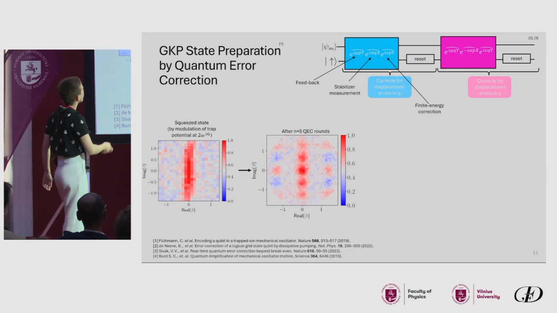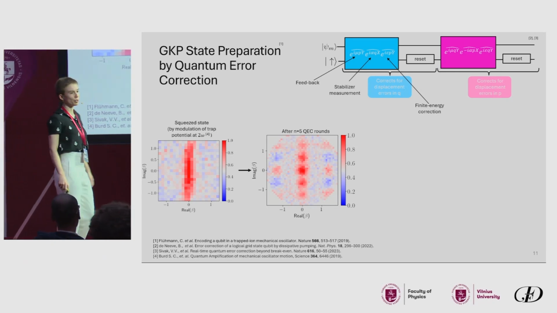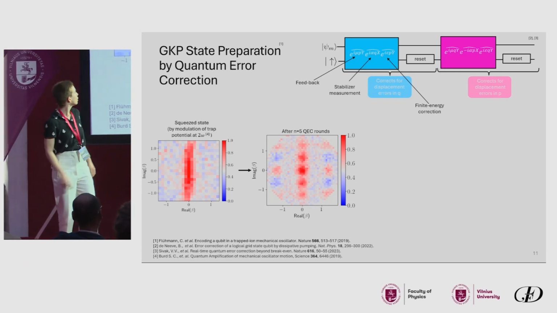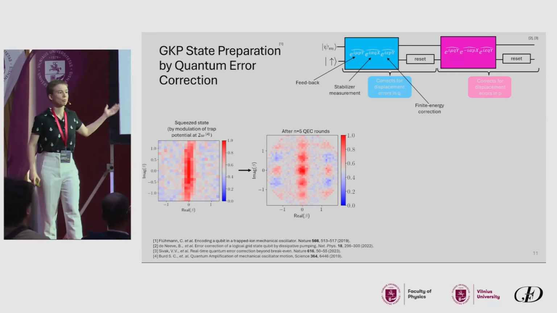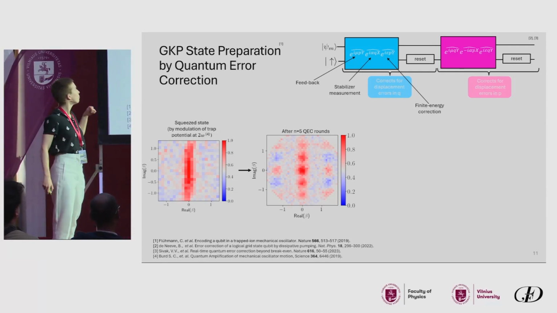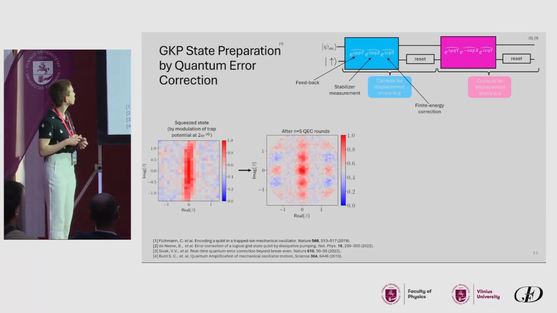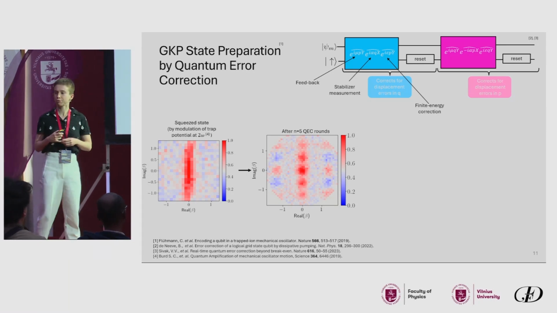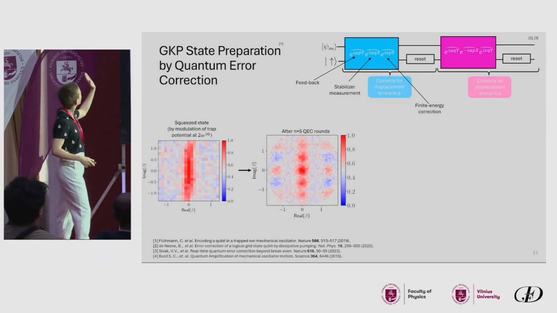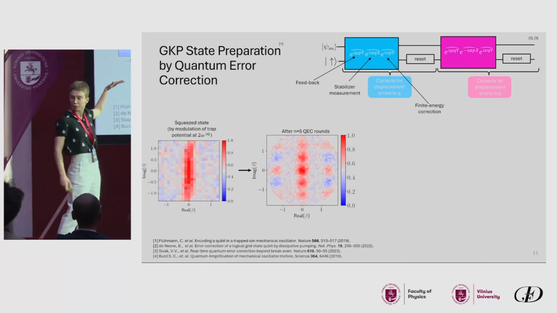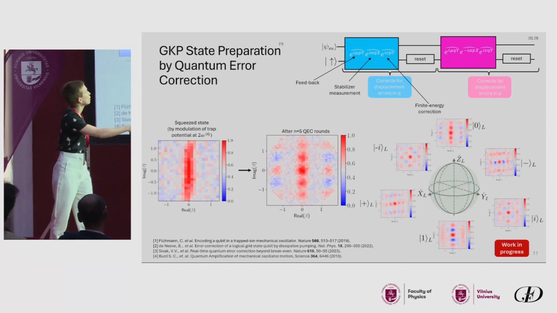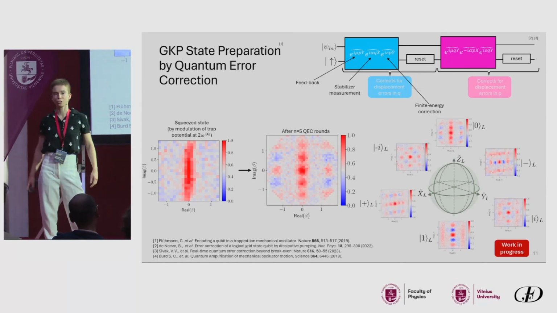Then we apply rounds of this protocol, and we end up with a GKP state. So I want to emphasize that this is experimental data. This is the characteristic function, so the Fourier transform of the Wigner function. And if we change the initial angle of our squeezed state, we can then prepare all of the states of the GKP Bloch sphere.